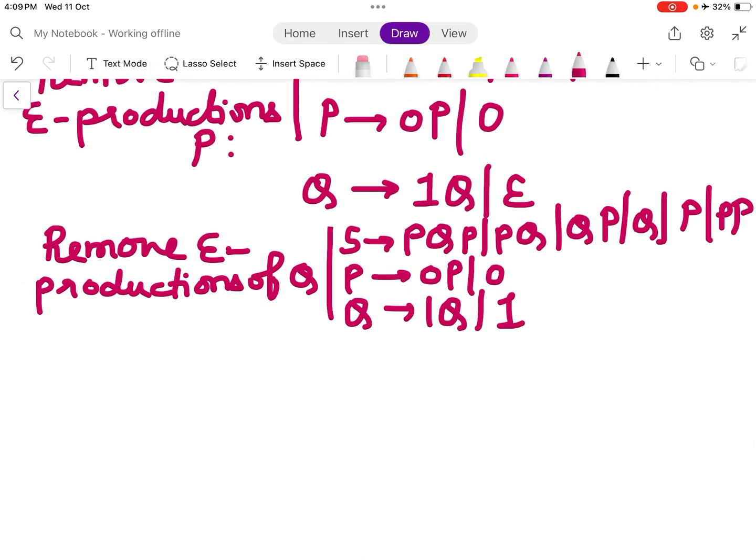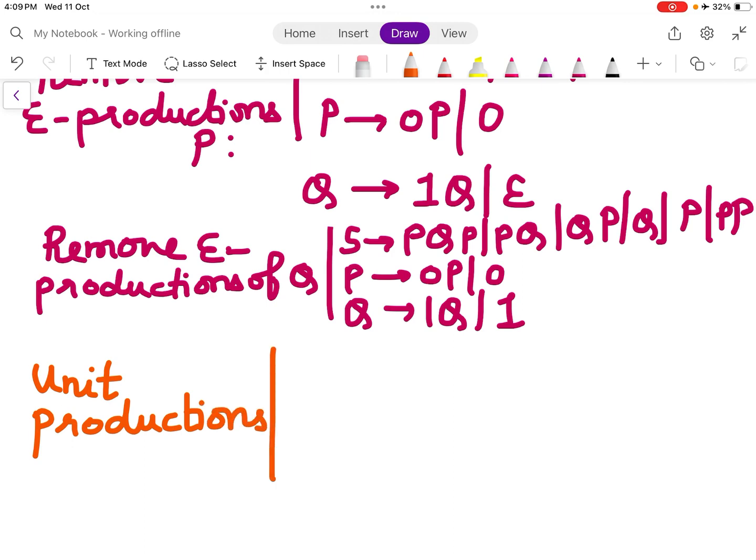Next is remove the unit productions. To remove the unit productions, P and Q are the only two unit productions, so replace them with these. So S gives PQP slash PQ slash QP.